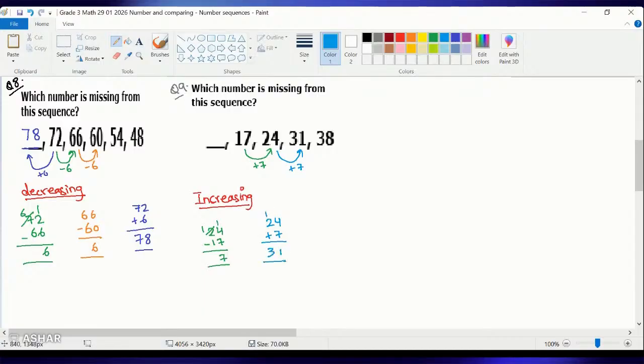Then the first number should be 7 less. 17 minus 7 is 10. That means the first number should be 10. If we were going towards the right side and adding 7, when we move towards the left side, we subtract the same number, 7.